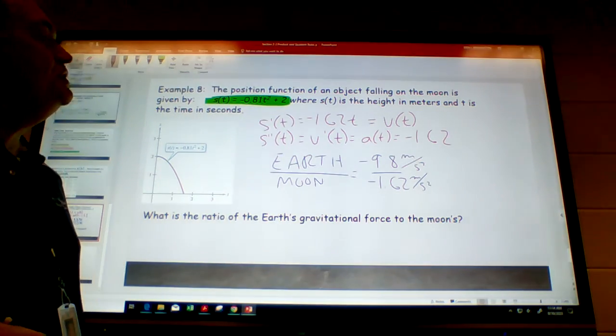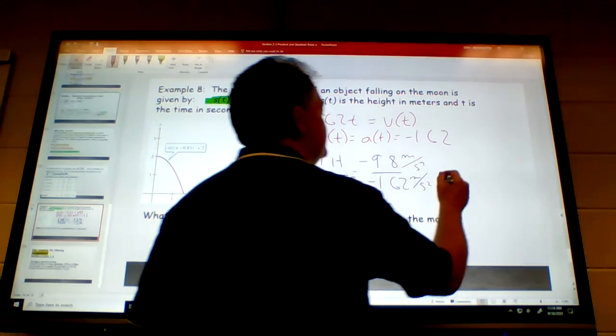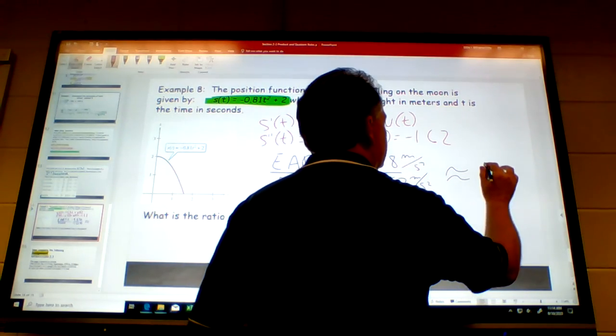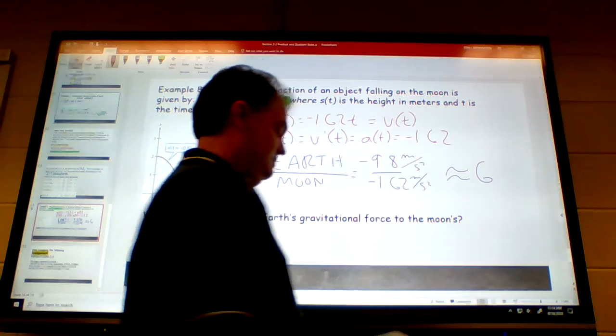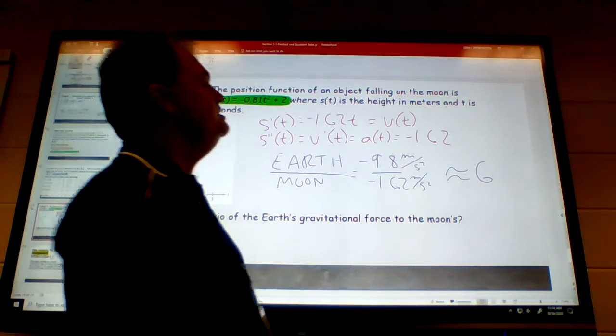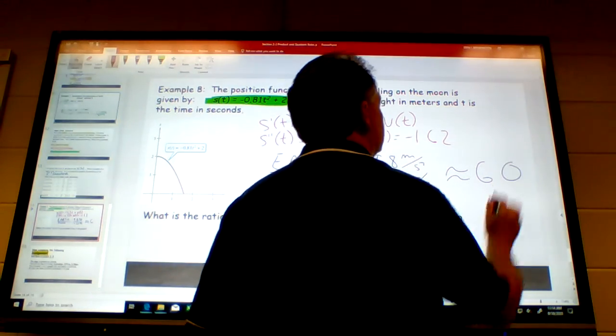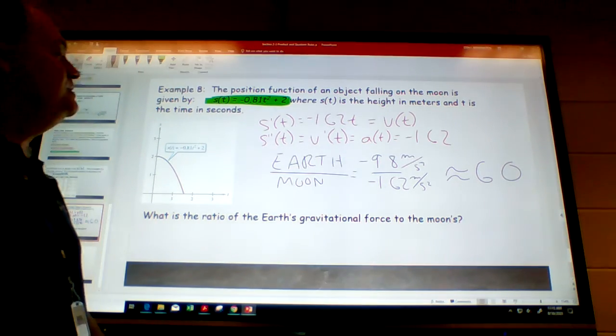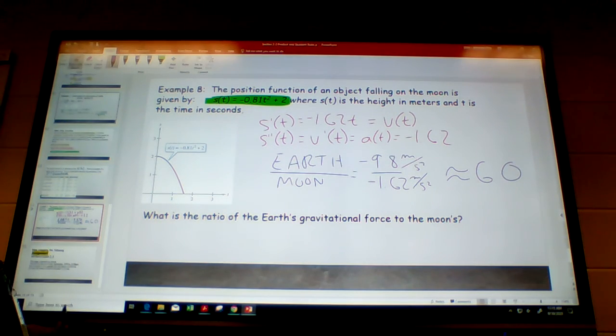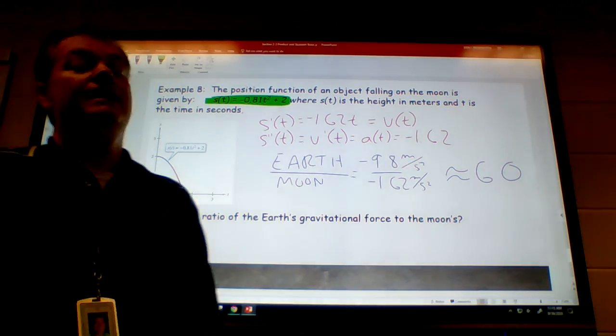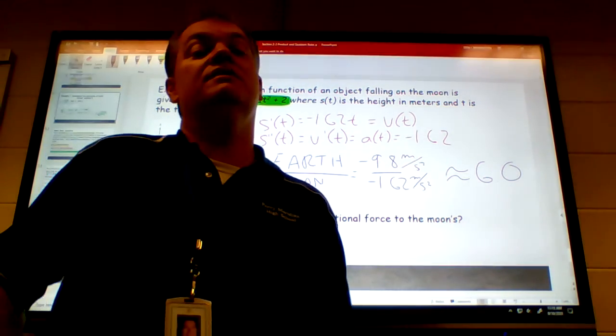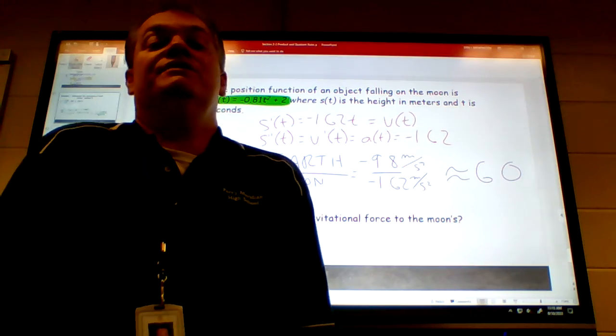When you simplify, you get approximately 6.0 times. That is why the gravity here on Earth is 6 times that of the moon, and the gravity on the moon is 1/6 that of Earth.